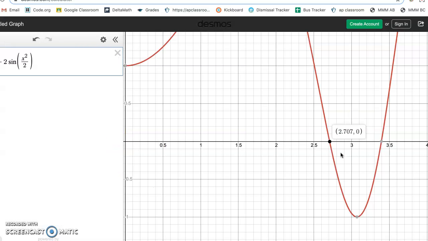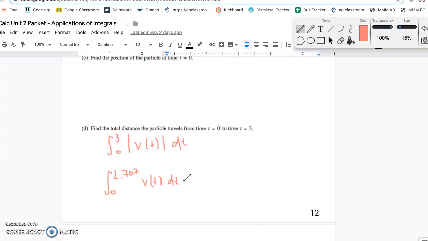And this second part is below the x-axis, so it's negative, so we're going to subtract it. Because if we computed this integral normally, it has negative area since it's below the x-axis, but we need everything to be positive, so we're just going to subtract it. So I'm going to say minus the integral from 2.707 to 3 of v of t dt. And from here, I'm just plugging this into my calculator.